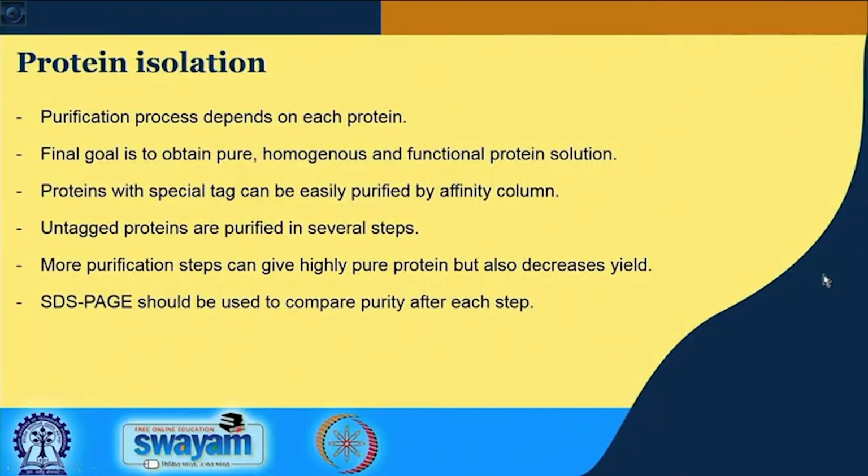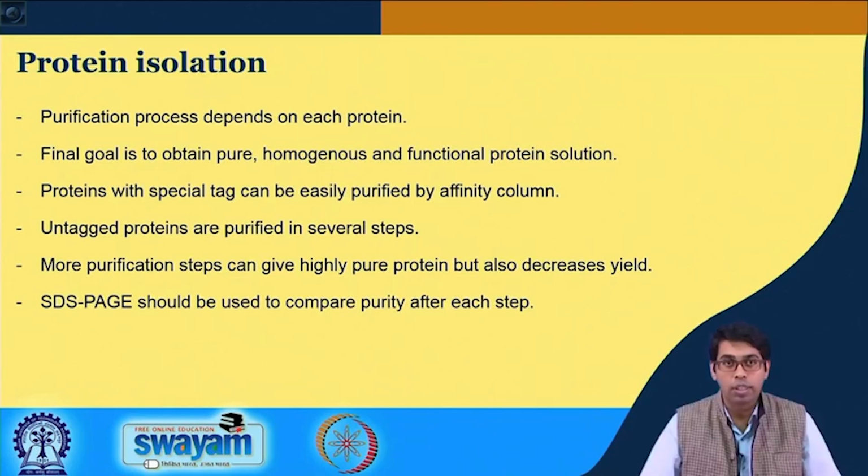Even though there are set protocols for protein isolation, these protocols have to be optimized for every protein. The same process cannot be used for all proteins. Protein purification depends on the type of protein.